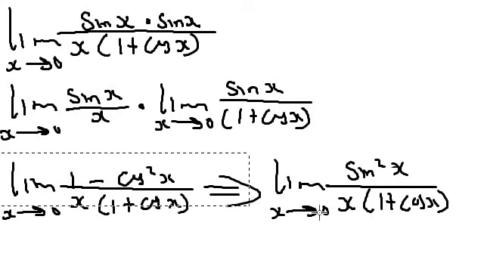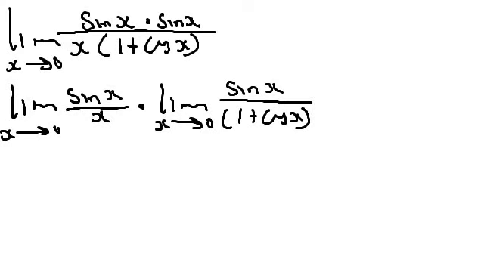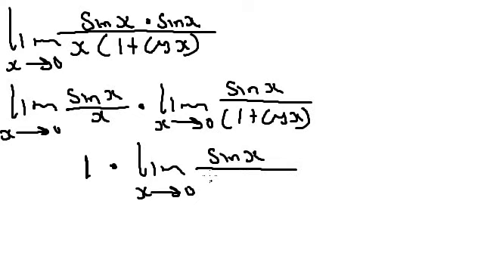I hope you are following the process. So right now, earlier we discussed that an expression like this will result in 1. So therefore, I now have 1 multiplying the limit as x approaches 0 of sine x all divided by 1 plus cosine x.